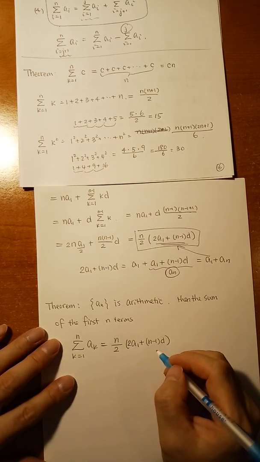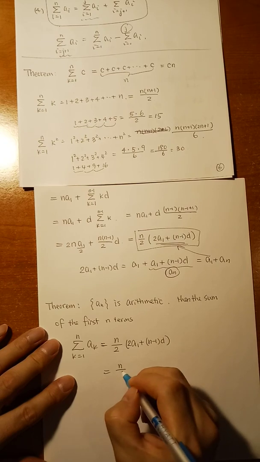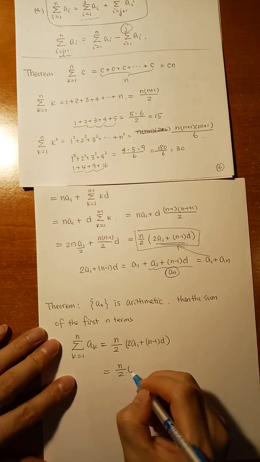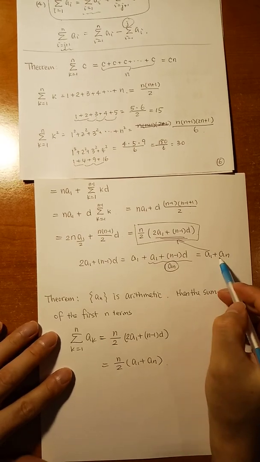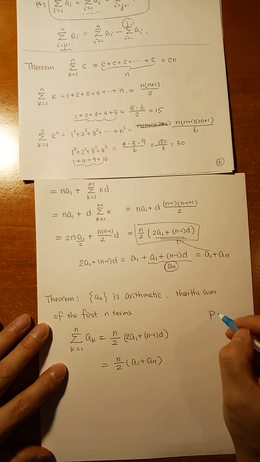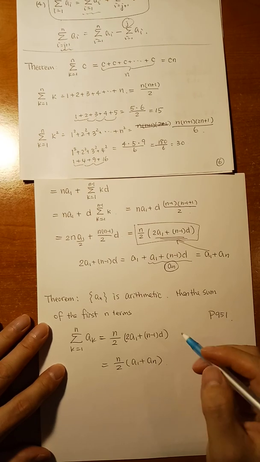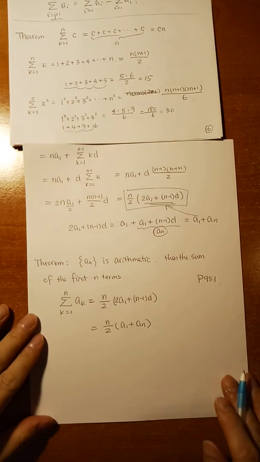This is one of the formulas, formula 3. Or it can be equal to n over 2 times (a1 plus an). It's formula 4. This is a theorem on page 951, the sum of the first n terms of an arithmetic sequence.